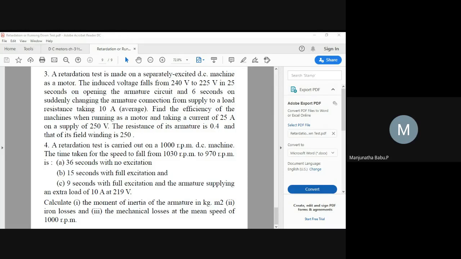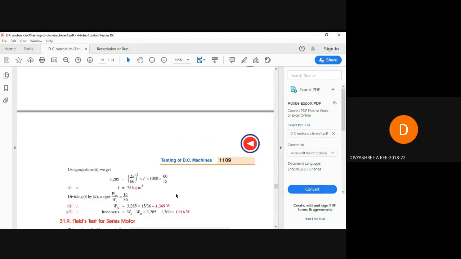What is the value of I? 49.97, sir. So it will be 75 kg meter square. Please check it out once. So I told you to substitute in equation 2.